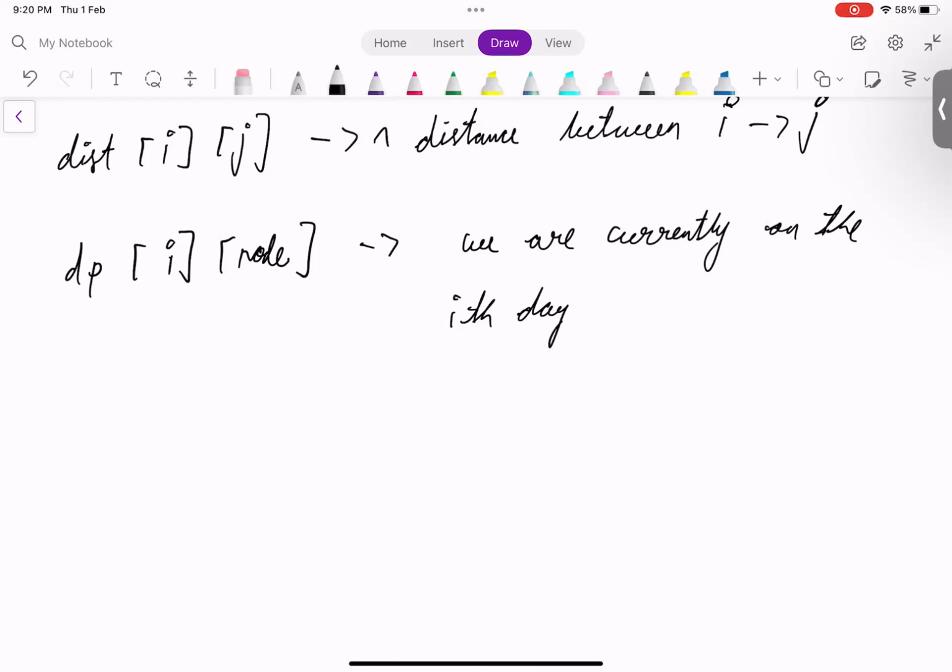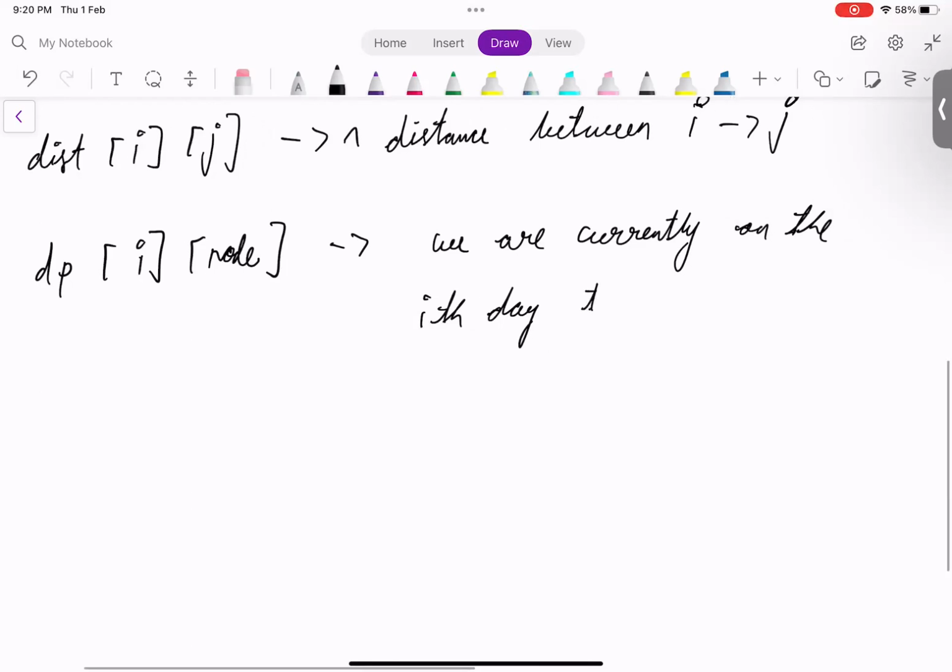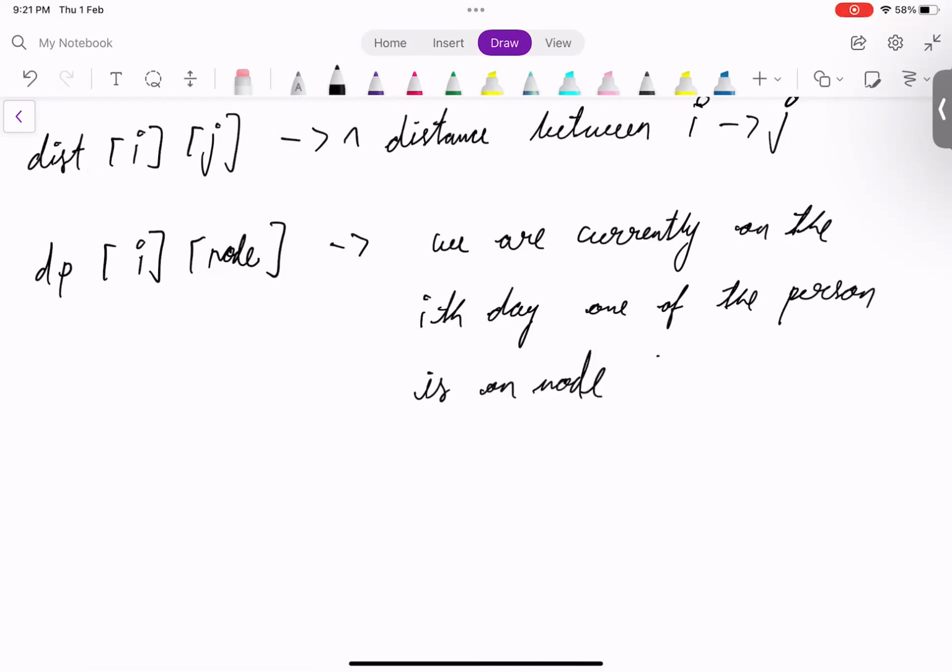And one of the persons is on the node, and the other person is on the node destination minus 1.